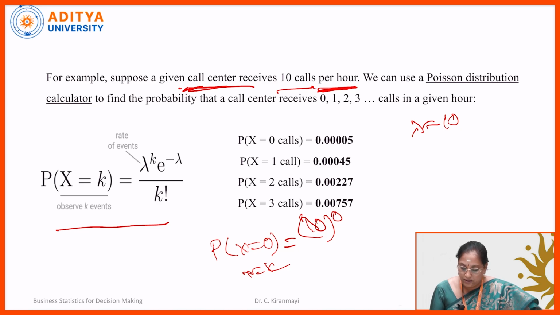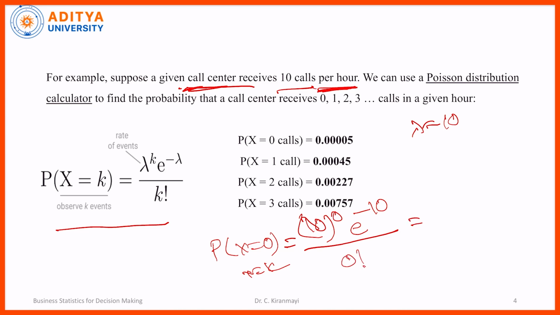So, 10 power 0 times e power minus 10, divided by 0 factorial. Anything to the power 0 is 1, and 0 factorial is 1. So, ultimately it is e power minus 10, whose value is 0.005. So, this is the probability that the call center will not receive any call in 1 hour.